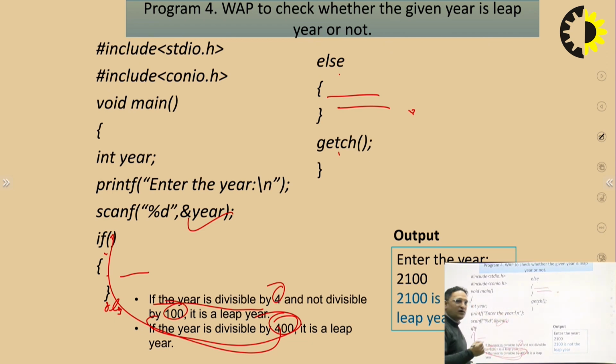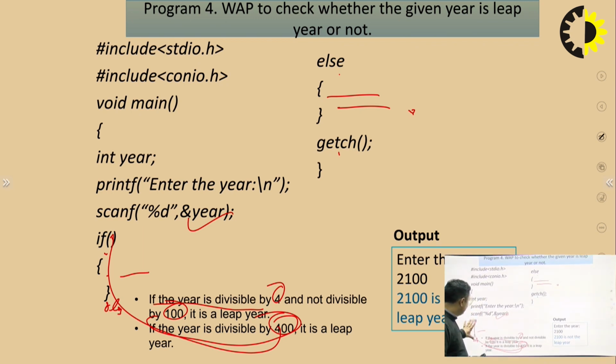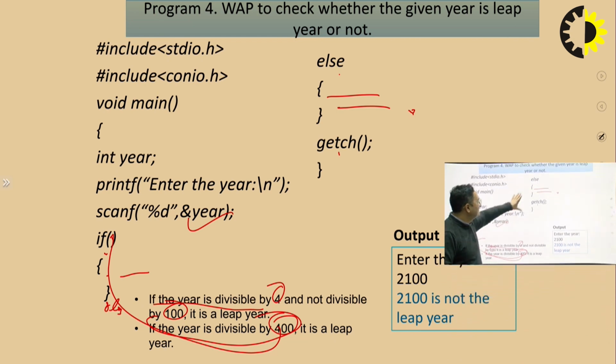So you just work out this program, and you will get an idea that here we are checking first the if condition, and if it is not true, meaning the year entered by the user is not divisible by 400, then this if block will not get executed, the else block will get executed.